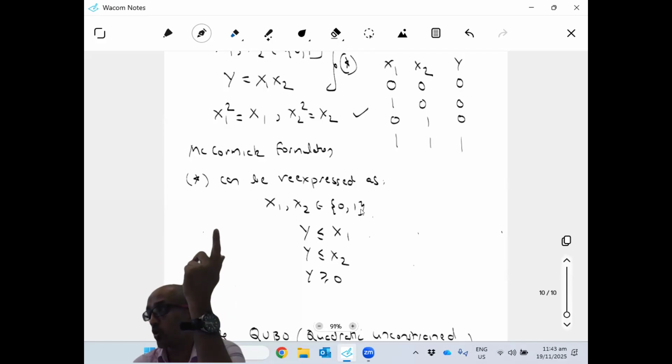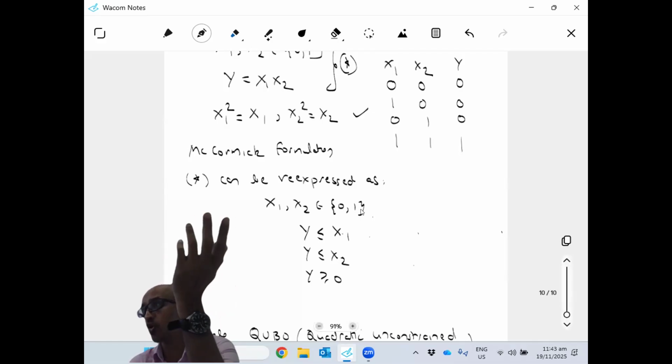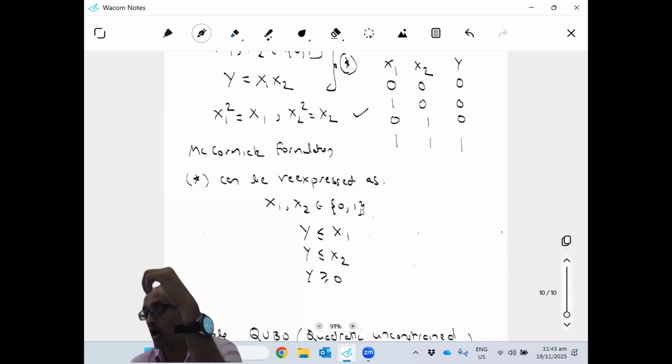If let's say x1 is 0, y less than equal to 0, y less than equal to 1, y greater than equal to 0, y has to be 0. If x2 is 0 and x1 is 1, symmetrical argument. y less than equal to 1, y less than equal to 0. That means y has to be less than equal to 0, y greater than equal to 0. So y has to be 0. So the only last case you have to worry about is what happens when both are 1.